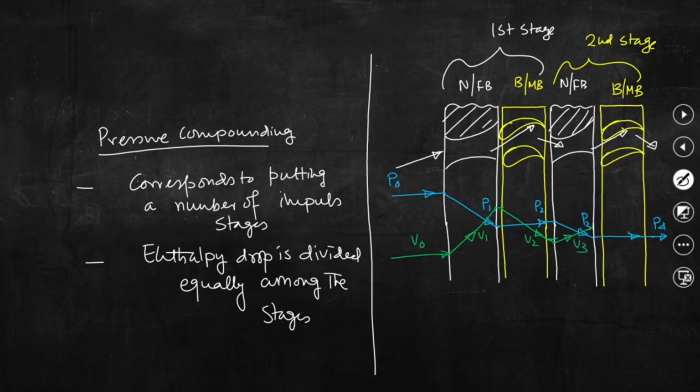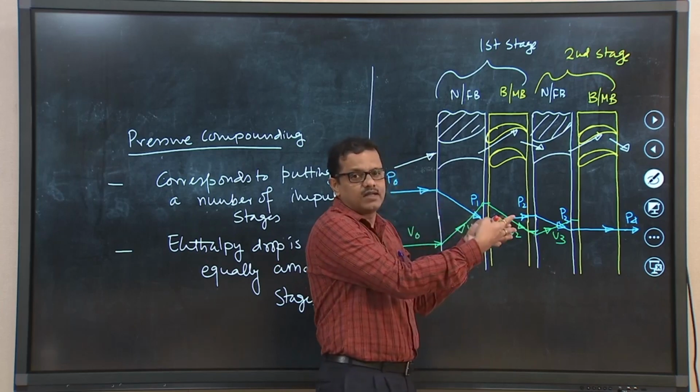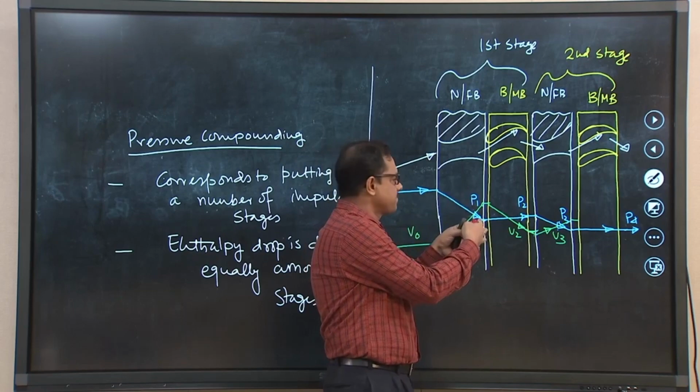So, this is V3. Again, you can understand it is because of the compounding of pressure. We are going to have the total pressure drop in a compounded manner, not a drop in a given stage.